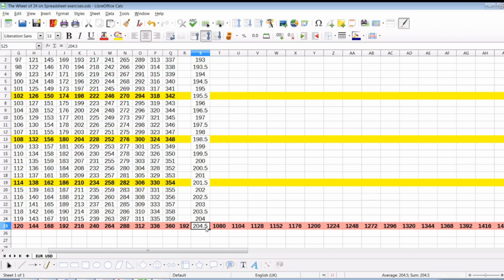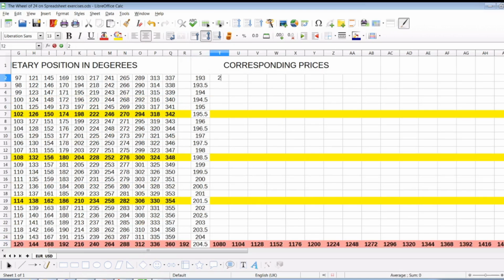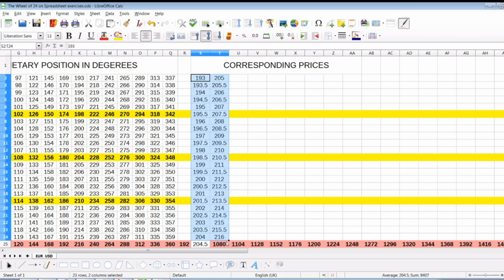So step half over here, we'll have the next step 205. Okay, and so on. 205.5. Now we can drag it together like that. Alright, so we are here a little bit lower and we got all 24 cycles.